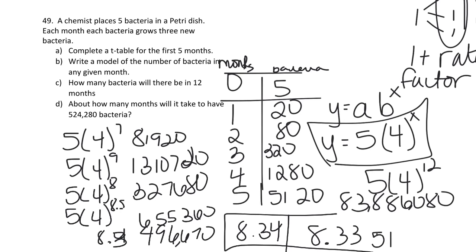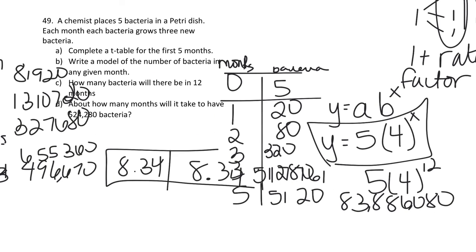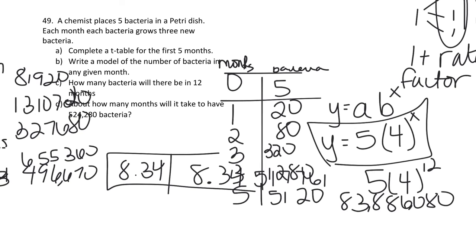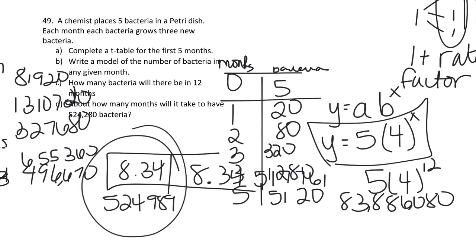It's 517,761, and 8.34 was 524,989. So I would have to get more decimal places, and 2 decimal places is fine. So here we are close enough with 8.34 months.